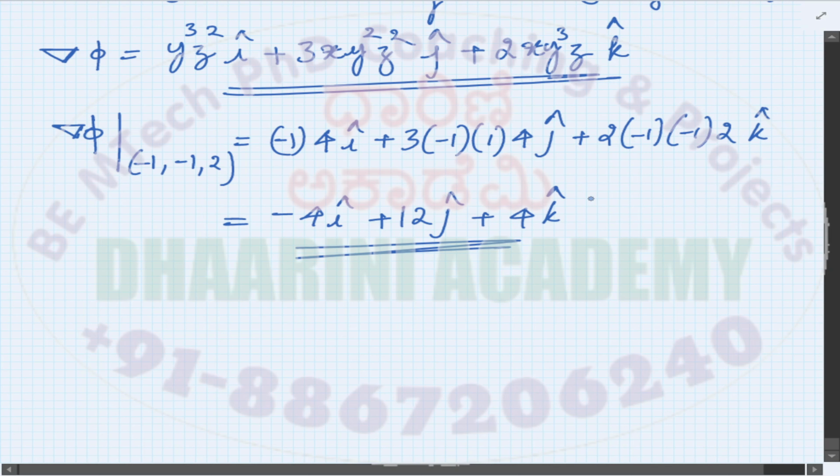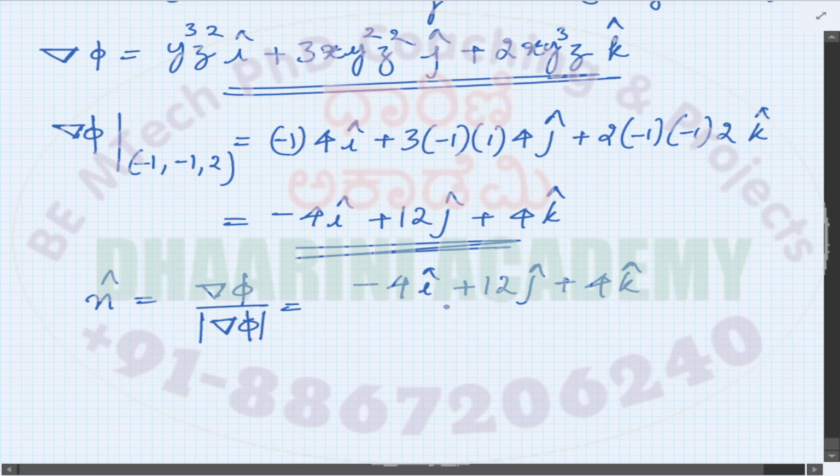Okay, now what I am supposed to do, I am supposed to calculate the unit vector. n cap is equal to the del phi divided by magnitude of del phi. So del phi is nothing but minus 4 i cap plus 12 j cap plus 4 into k cap, whole thing divided by under root.